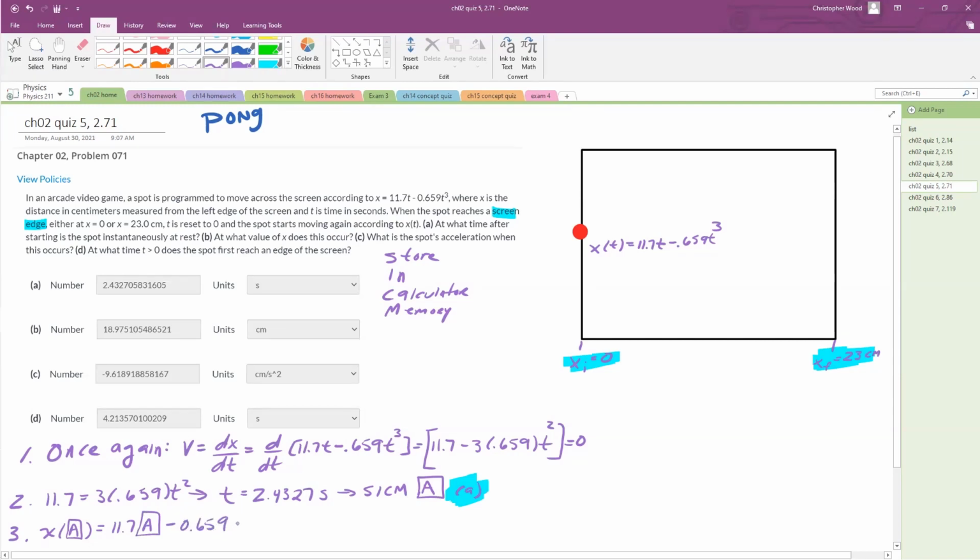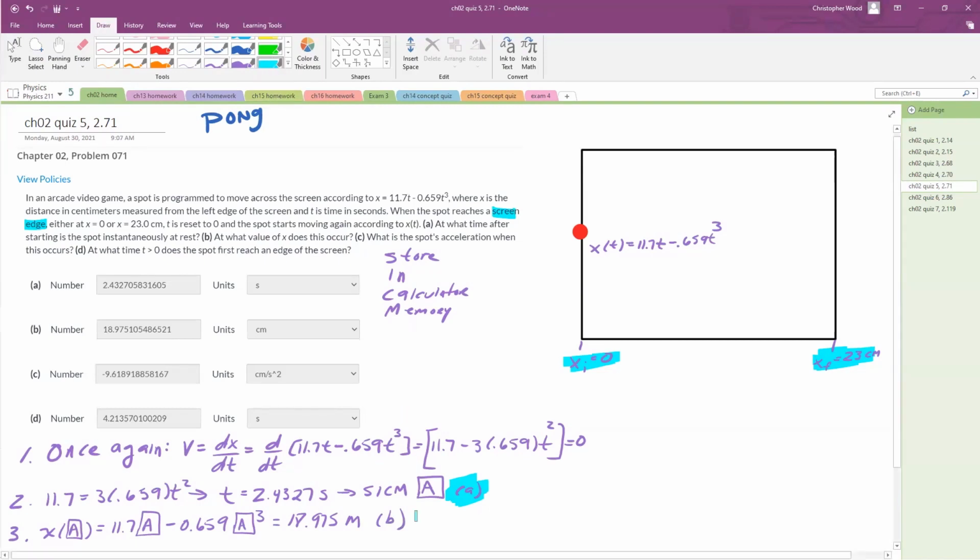And that will be the answer. So let's do 11.7 times t minus 0.659 times t cubed, 18 and some change. 18.975 and some change, 18.975 meters. And that's the answer to part B.